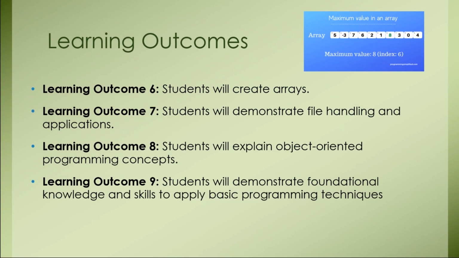Outcome number 6, you're going to create arrays. 7, you'll demonstrate file handling and applications. You're also going to be able to explain object-oriented programming concepts and demonstrate foundational knowledge and skills that you can apply basic programming techniques. So there's a lot to learn this semester.